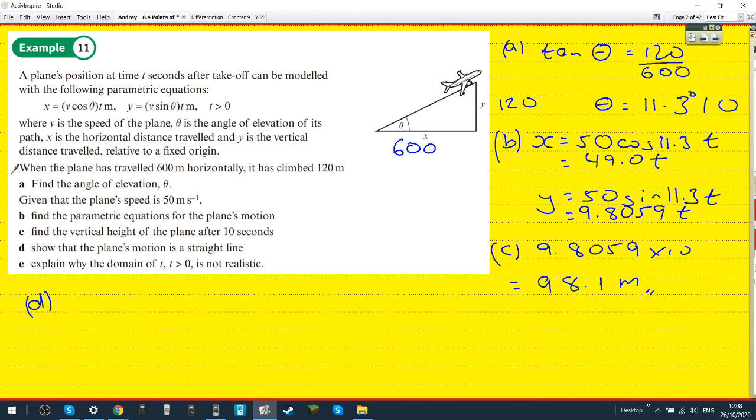So do I need to do x over 50 cos 11.3 equals t? You'd need to do it in general. So it would be x over vt equals cos theta.